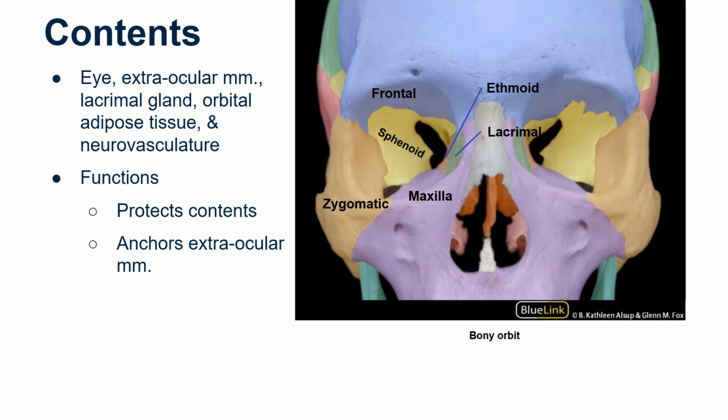There's a healthy amount of orbital adipose tissue which serves to insulate and keep these structures distinct and protected. The orbit also serves to anchor some of the attachments of the extraocular muscles, such that when they contract, the eye can be moved.